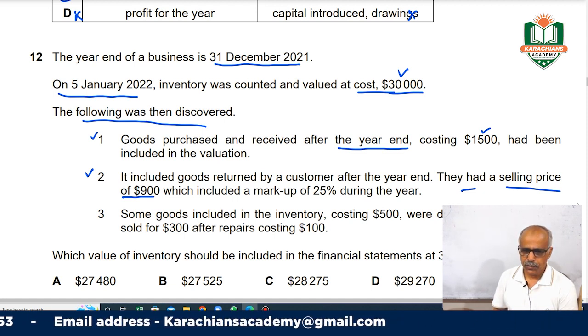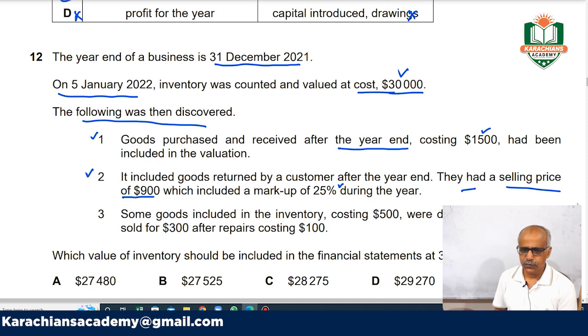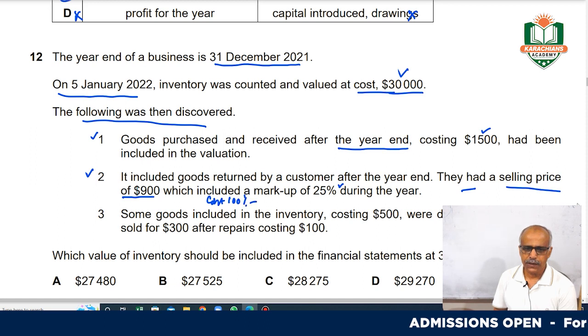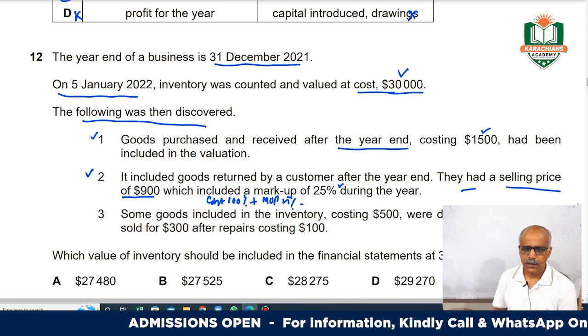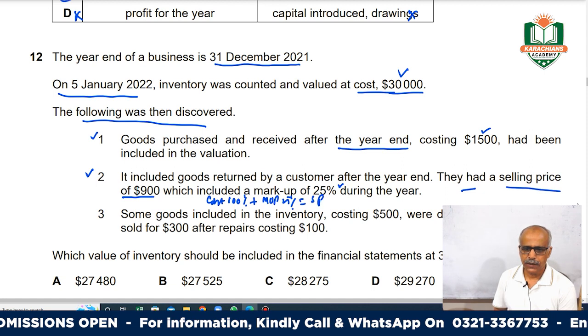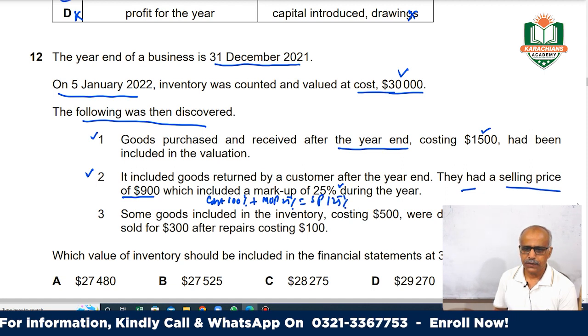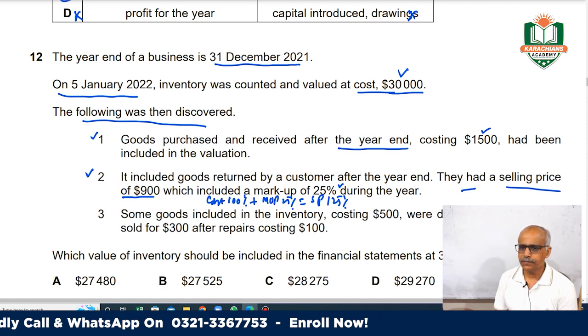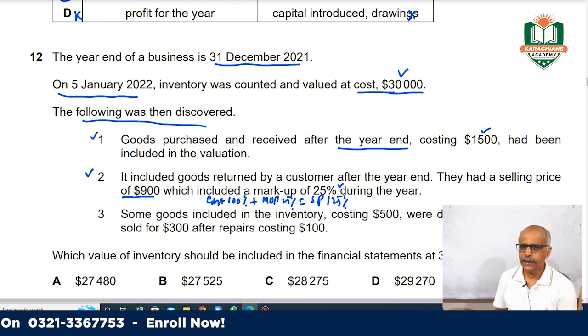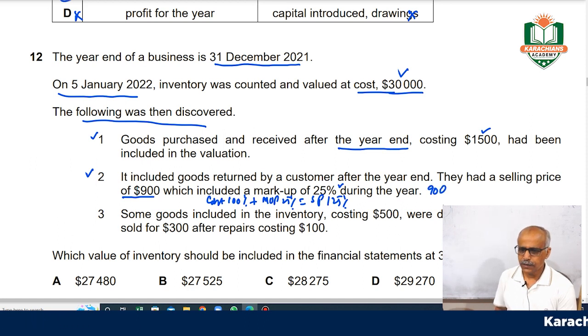Because they have given a markup of 25%, you can calculate: when markup is there, cost remains 100% plus markup of 25%, and this will be your sale price, which will be 125%. You already have 900 as your selling price.